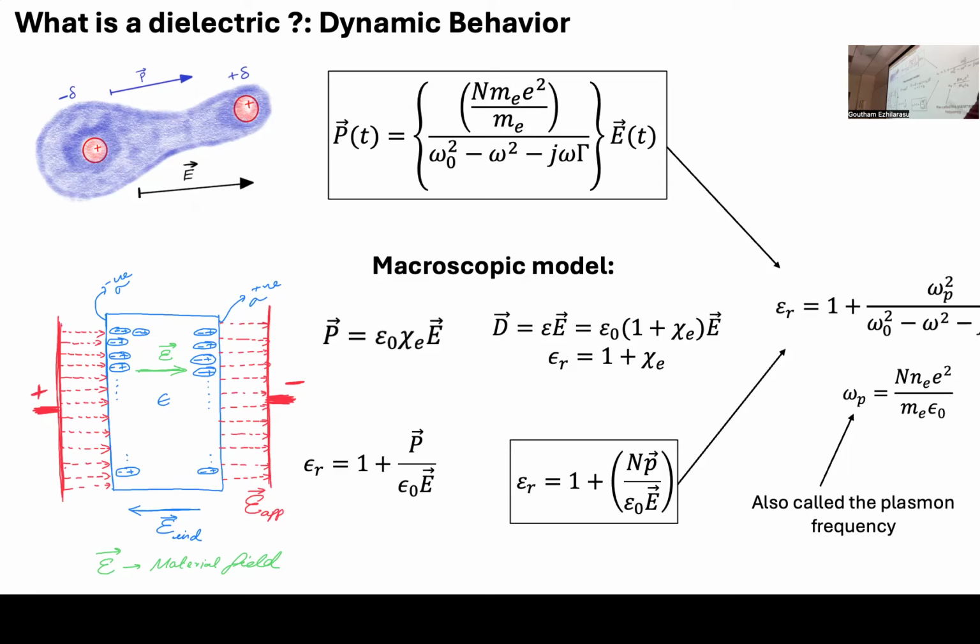This is also called the plasmon frequency, okay? This determines the maximum frequency that the electronic polarization can actually respond to, right? But basically here I've just grouped a bunch of things that have the same units of frequency and written it as omega p.